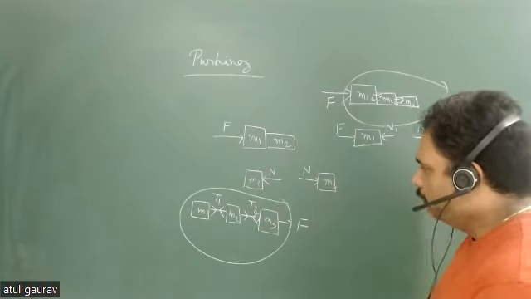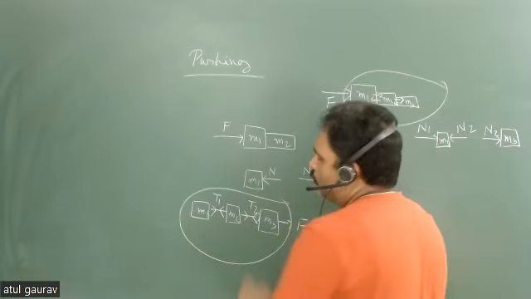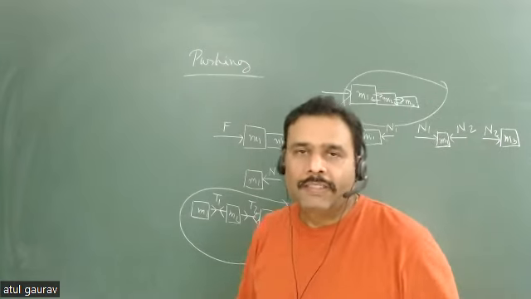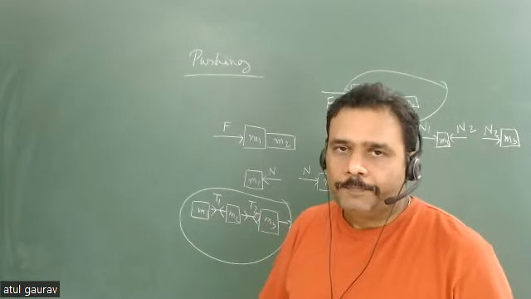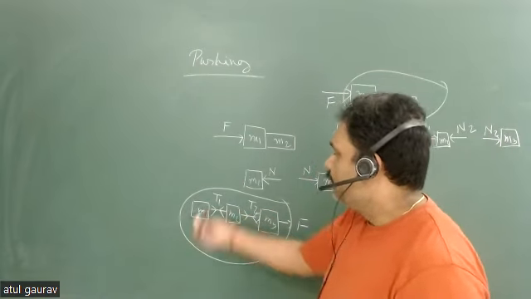Because if this moves x distance, this will also move x distance, this will also move x distance. So all will move with the same acceleration. And then only you can say these things can act as internal forces.